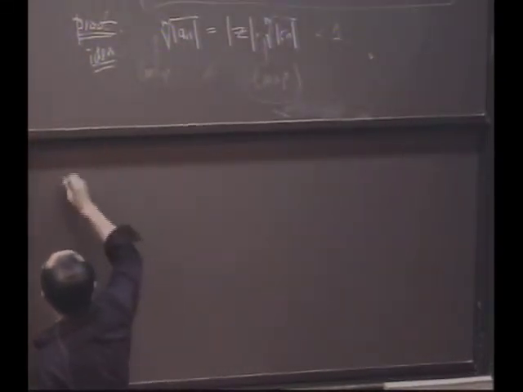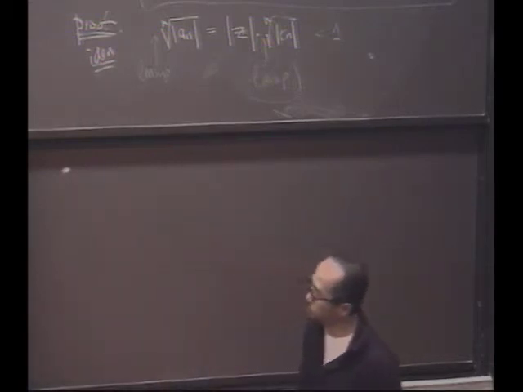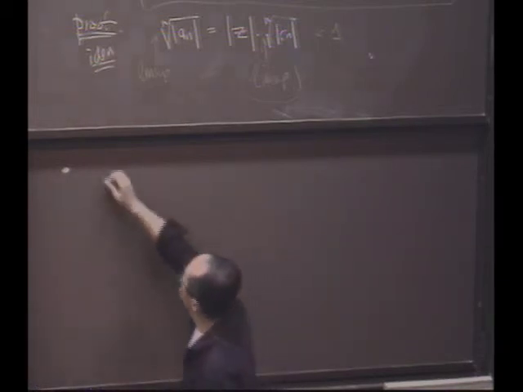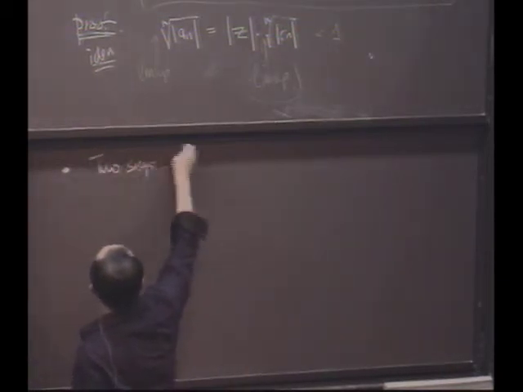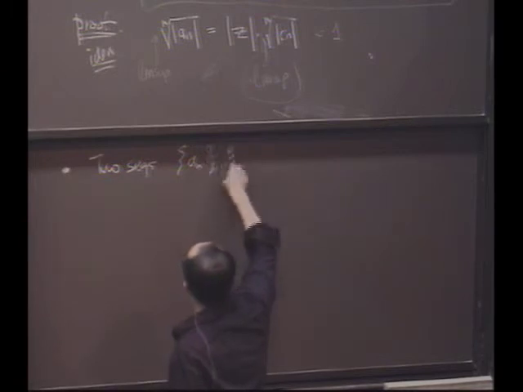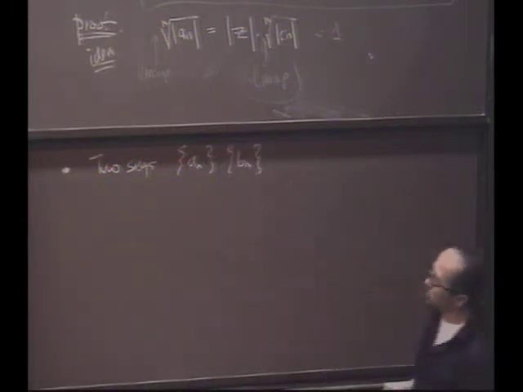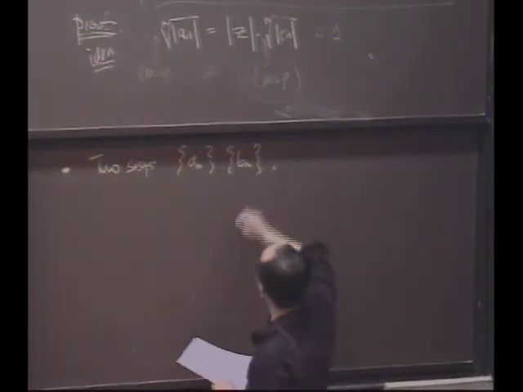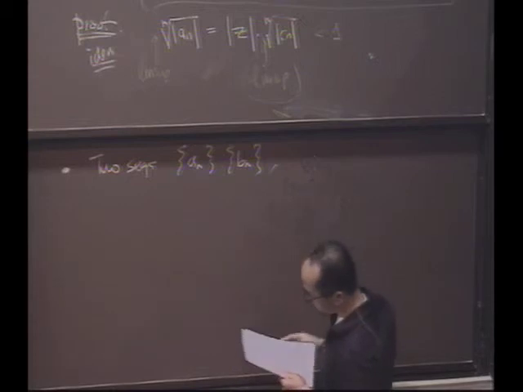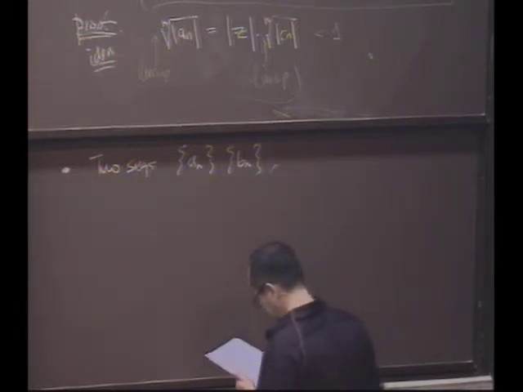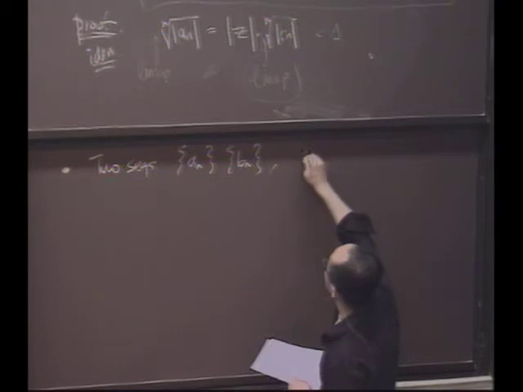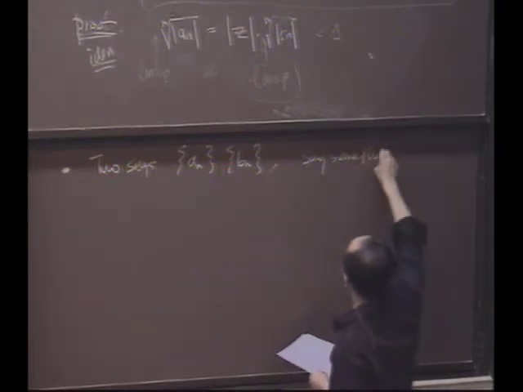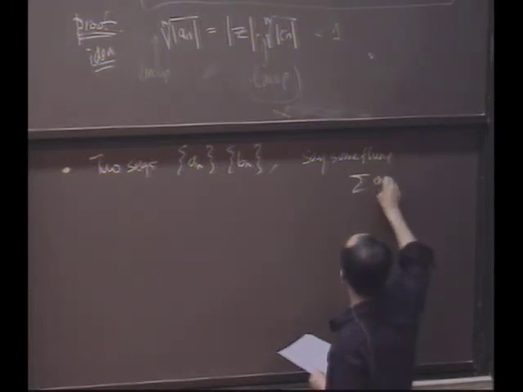Here's a question for you. Speaking of series, what if I have two sequences, a_n, b_n, and I want to know something about how to combine them and study them? So here's a question. What can I say about the sum of a_n b_n? Can I say something about the sum of a_n b_n?